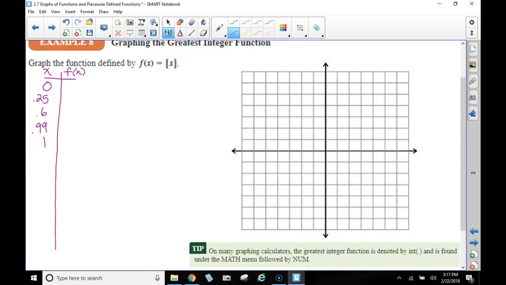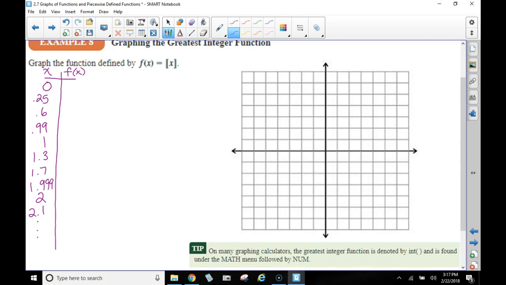Let's pick those out and you'll see why. And then let's go 1.3, 1.7, 1.999, and then we'll do 2. And then we'll ask, what's the greatest integer of 2.1, and so forth. I think we're going to start to see how the pattern works here.